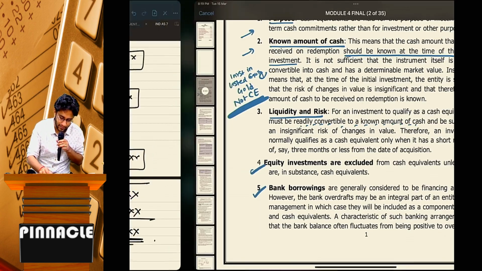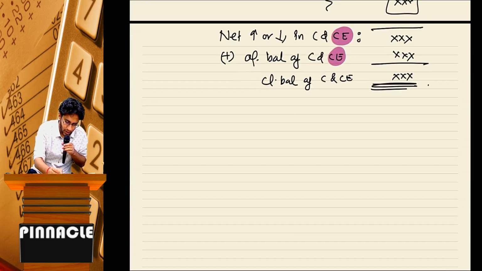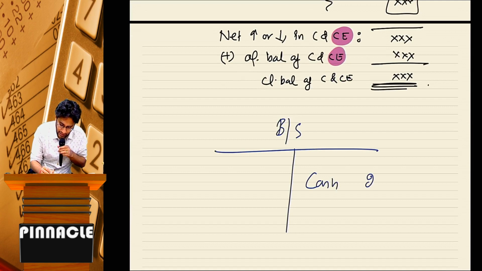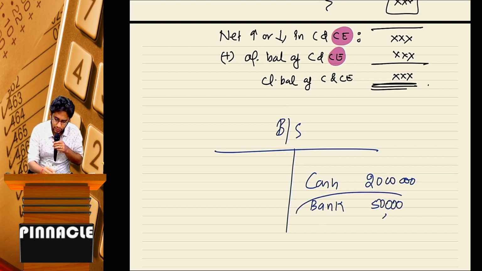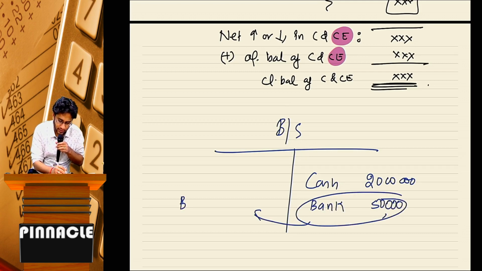Accounting law, sir, for example, in your balance sheet you have cash, literal hard cash of 20 lakhs. Bank balance 50,000, sir. You issued a cheque of 80,000. The moment you issued a cheque of 80,000, now it became a bank overdraft of 30,000.